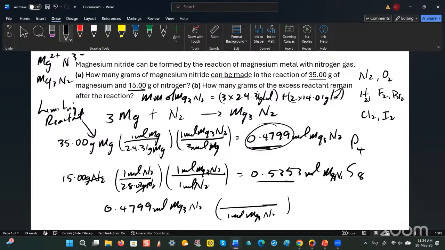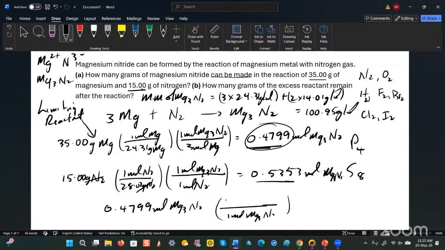So let me see what that gives. 24.31 times 3 plus 2 times 14.01. According to my calculation, and please correct me if I'm wrong because I'm known to make mistakes from time to time, I got 100.95 grams per mole.